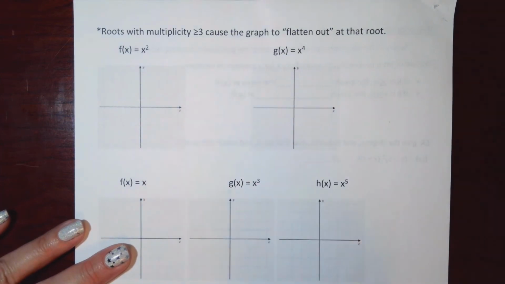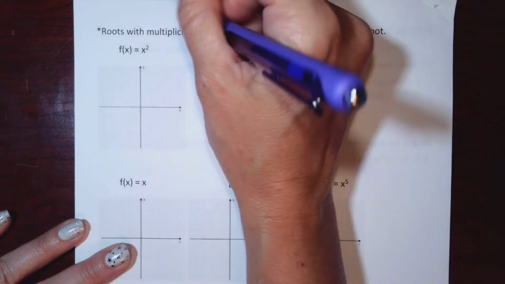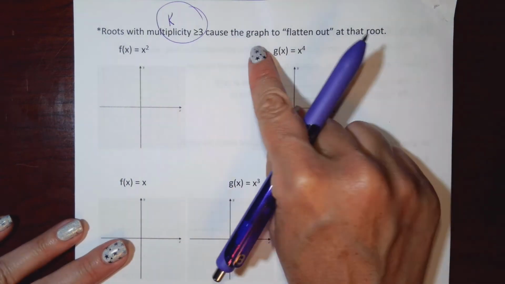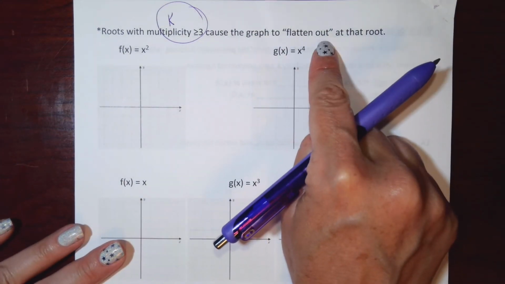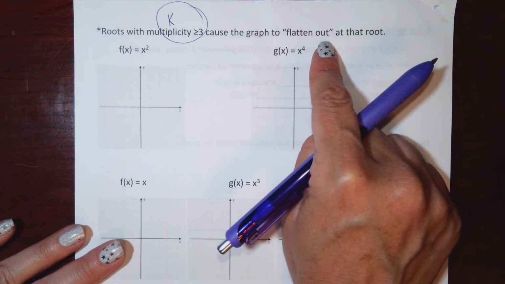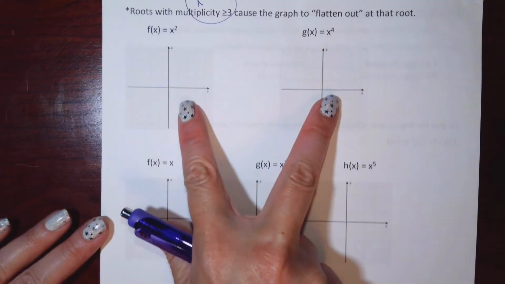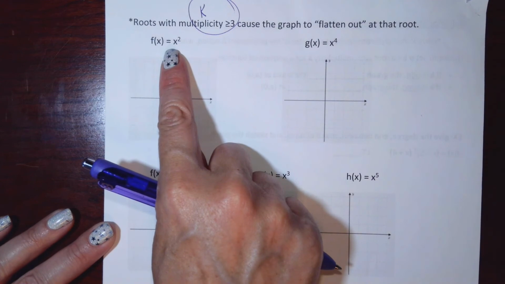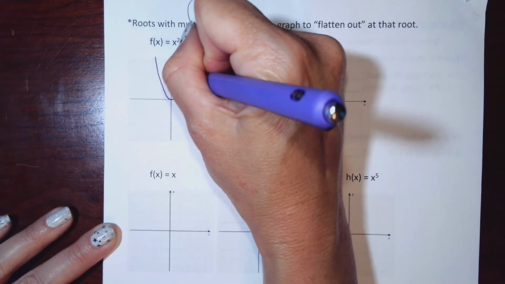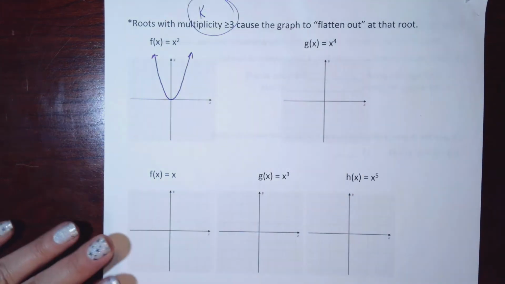So, something important to remember, if you have a root with a multiplicity, so k value greater than or equal to 3, that's going to cause that graph to flatten out at that root. It doesn't change what happens, it just changes how it looks. So we're going to look at some examples of this. My parent function f of x equals x squared. That's my parent quadratic function. Looks just like that. Opens just so.